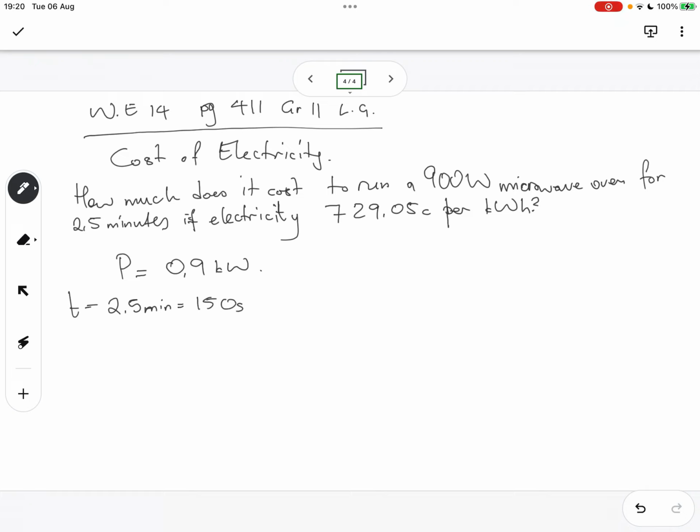And if we divide this by 3600, we get hours. So this equals 0.0416 hours. Then the energy will be 0.9 times 0.0416 recurring. And this equals 0.375 kilowatt hours.